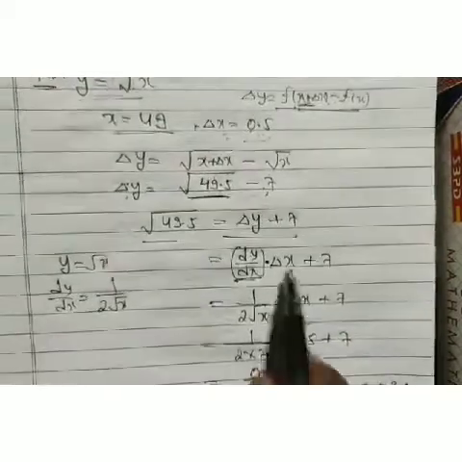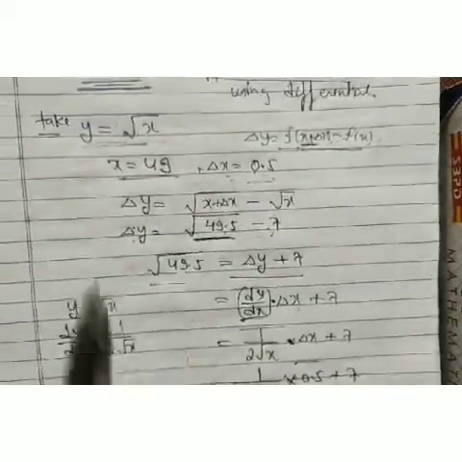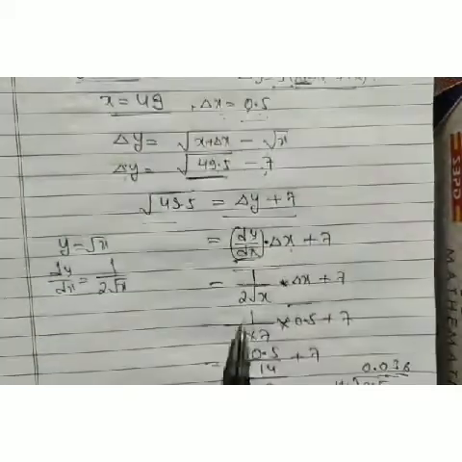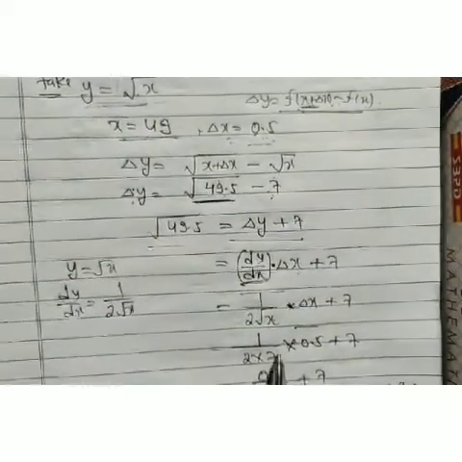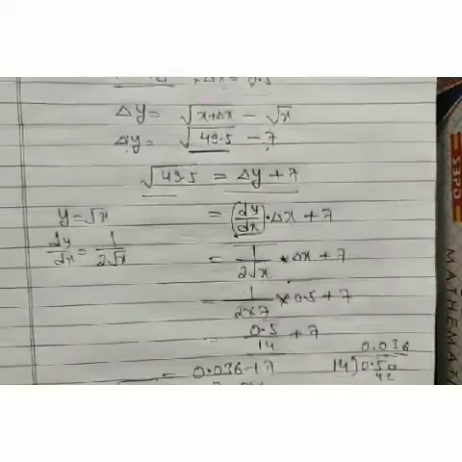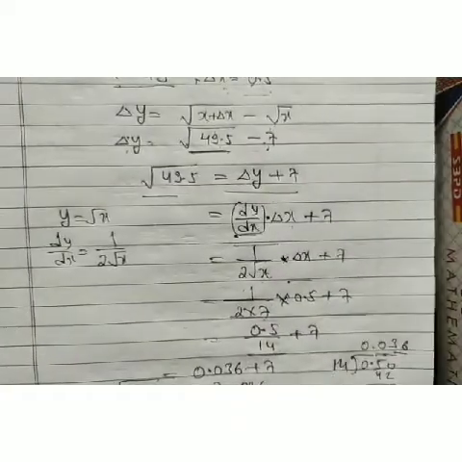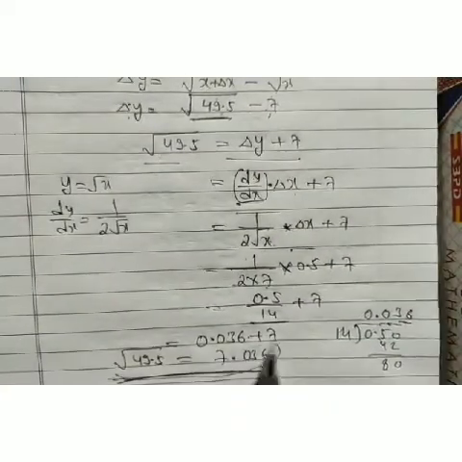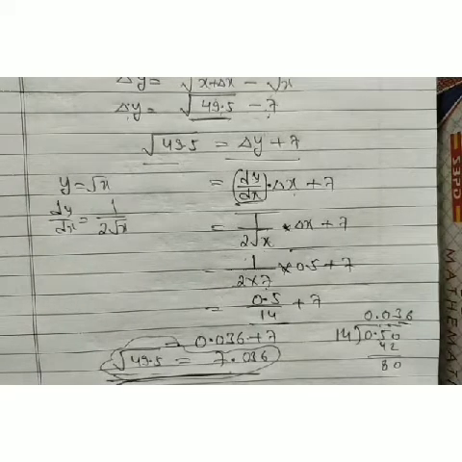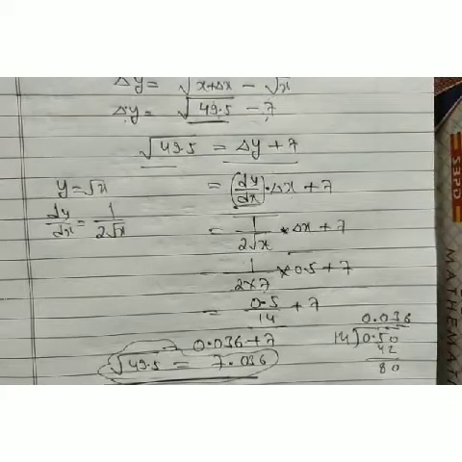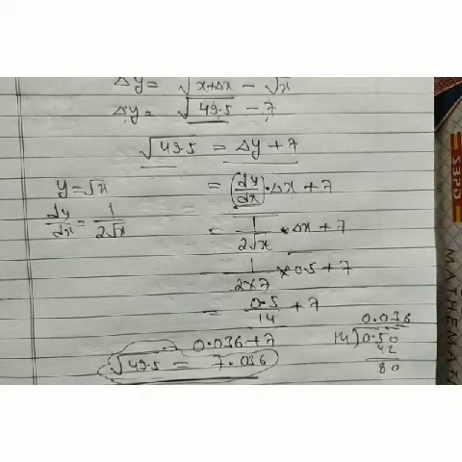Then we take the derivative of our function, 1 upon 2 root x. Our x is 49, so the square root of x is 7. After that we solve it and get our required result: the square root of 49.5 is approximately 7.036. This is the way to get the approximate value of any function.